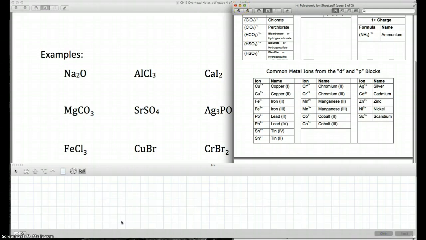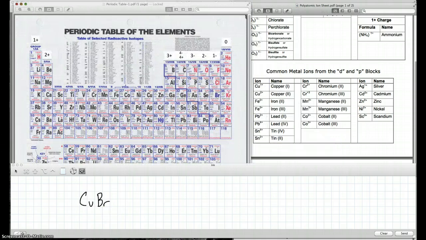Cu and Br. Copper and bromine. Again, copper, we see here, can be a +1 or a +2. 1+ or 2+. We don't know which.